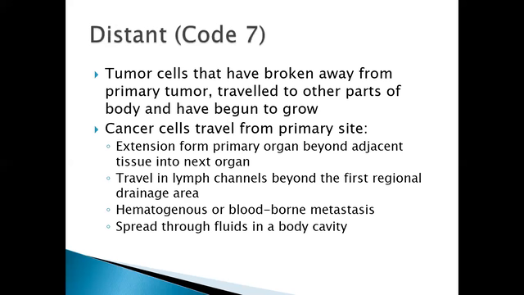okay? So cancer cells can travel from the primary site in any of 4 ways. The first is extension from the primary organ beyond the adjacent tissue into the next organ.